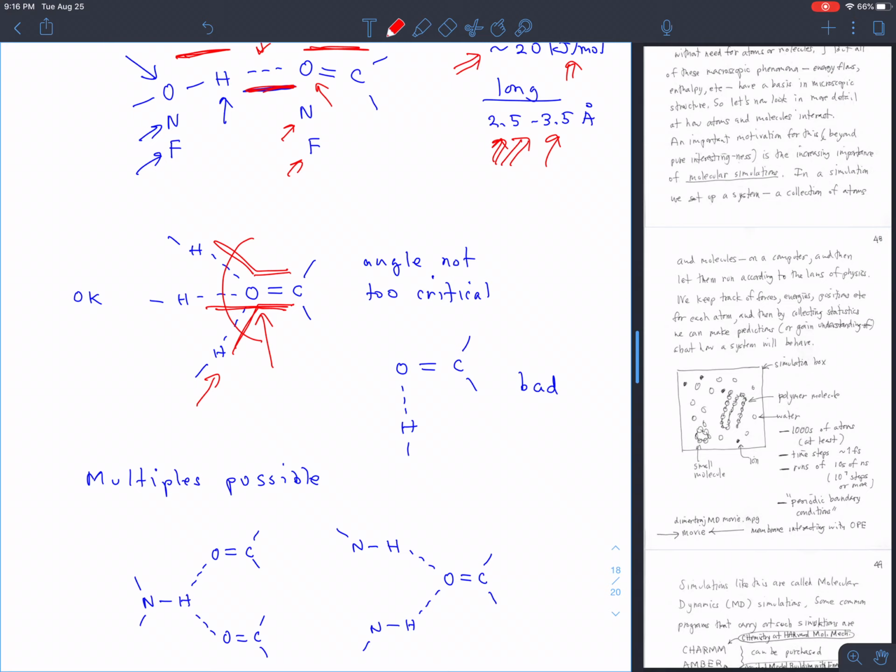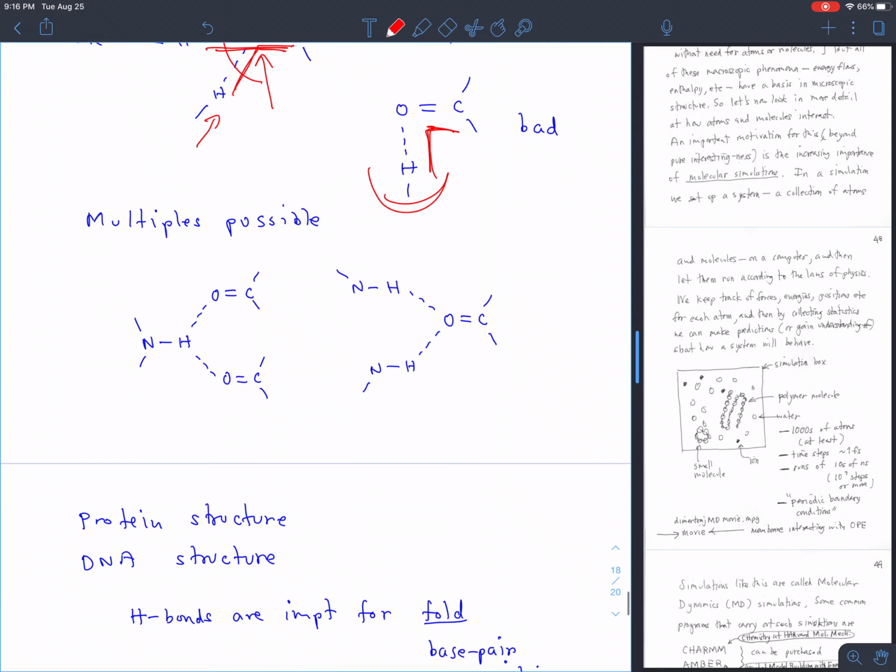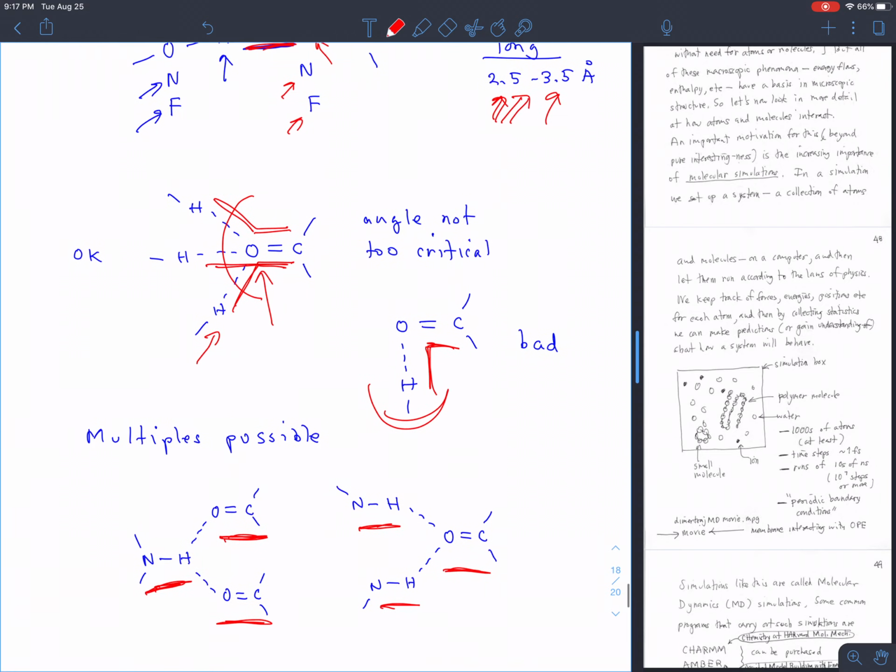There's quite a wide range of angles that are still good hydrogen bonds. However, if the angle gets too sharp, then yeah, not so good anymore. Also possible is for a single donor to hydrogen bond to several acceptors, or vice versa, several donors hydrogen bonding to a single acceptor. All those things are possible.